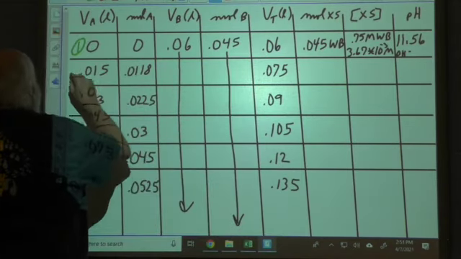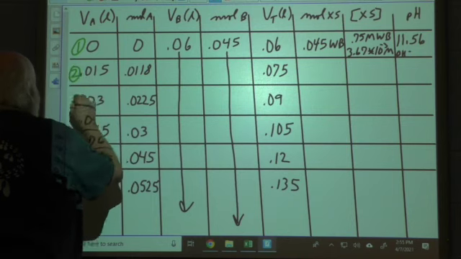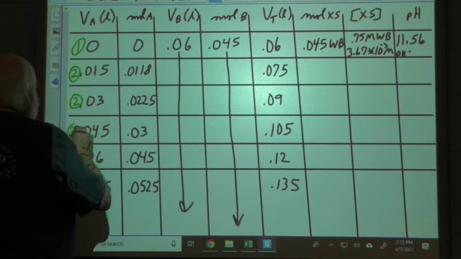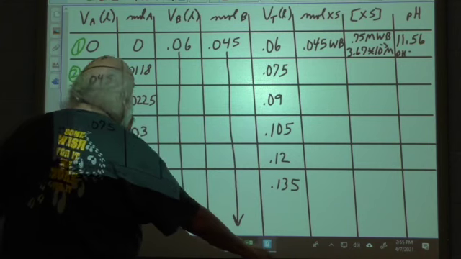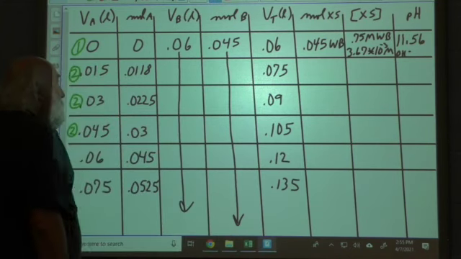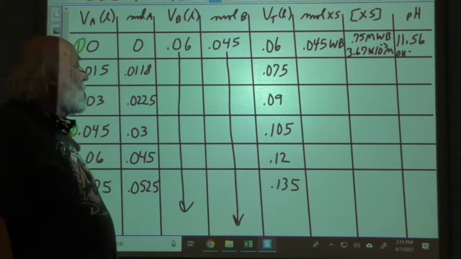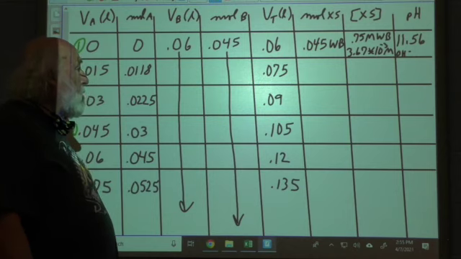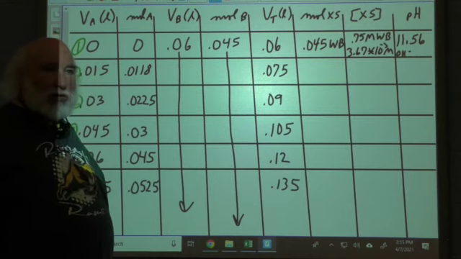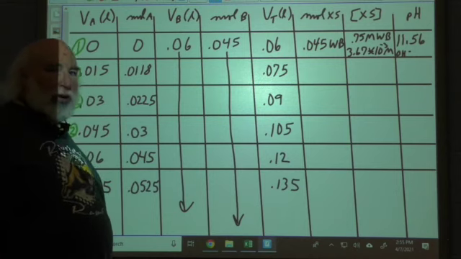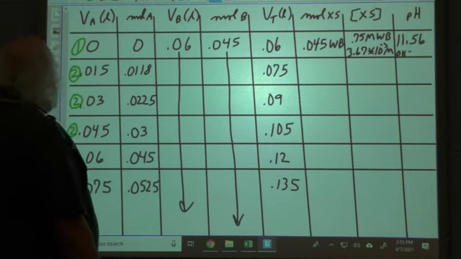Now we're going to have stage 2 for these 3 parts right here, because we have a mixture of weak base and strong acid, and in all the cases the amount of weak base is greater than the strong acid.